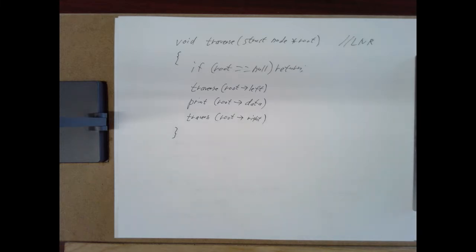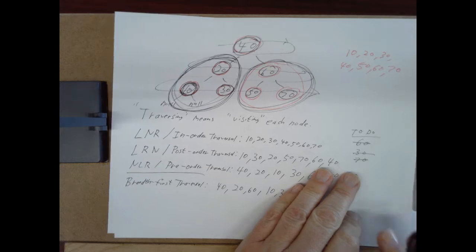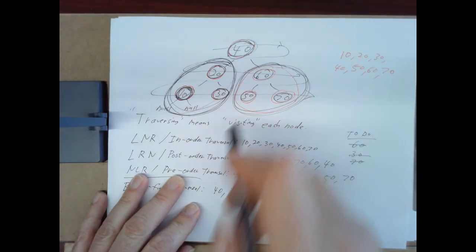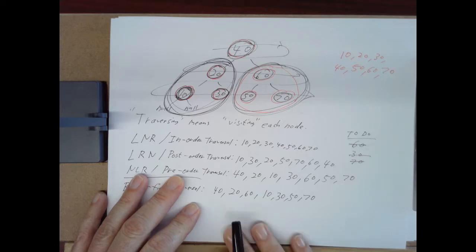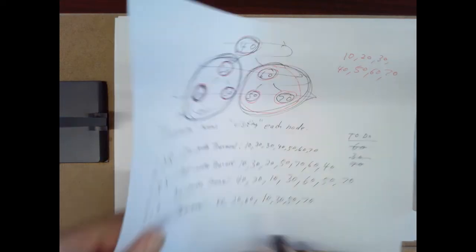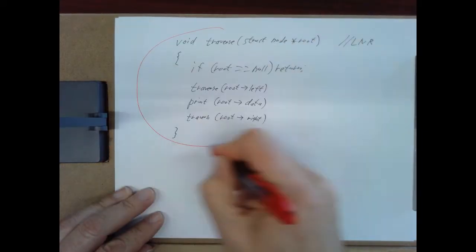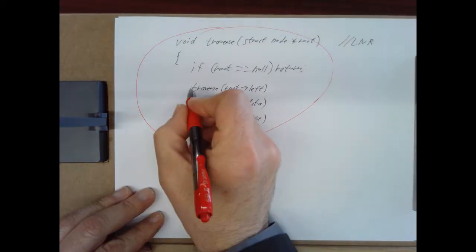But this is logically how we eventually start to think about operations like traversal. Traverse the left, print the root, traverse the right. And this will only work if we know that these will work.